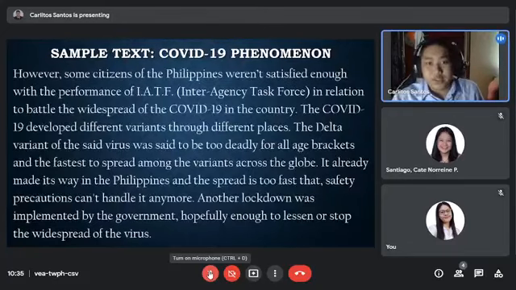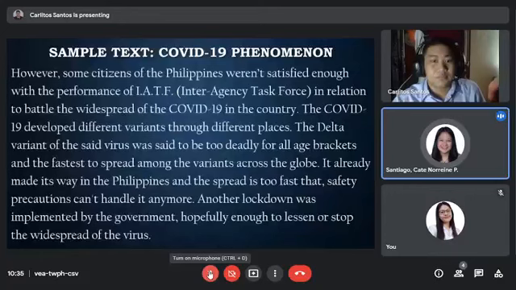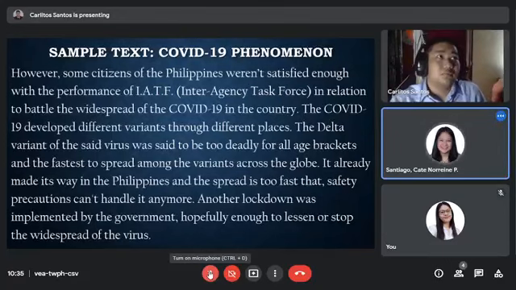Our next paragraph, Miss Santiago, can you please read? However, some citizens of the Philippines weren't satisfied enough with the performance of the IATF or Interagency Task Force in relation to the battle against the widespread of COVID-19 in the country. The COVID-19 developed different variants through different places.